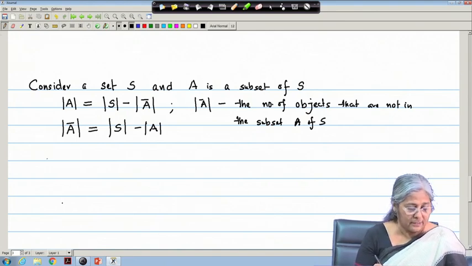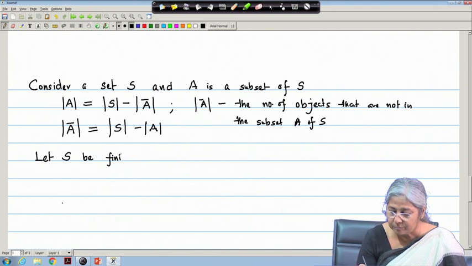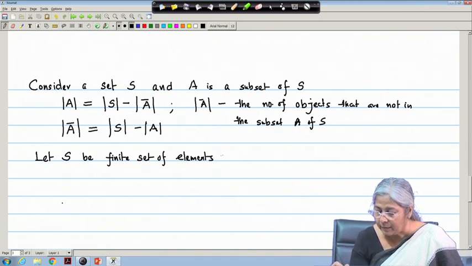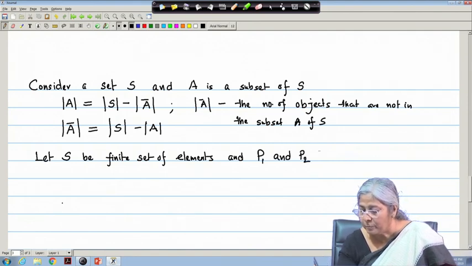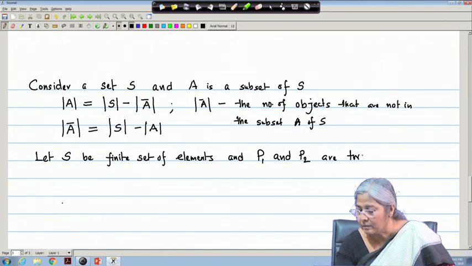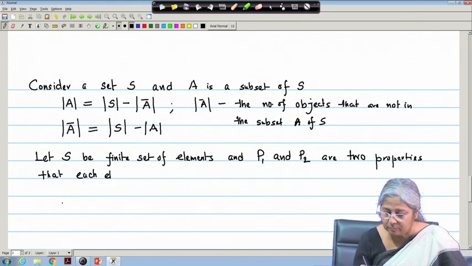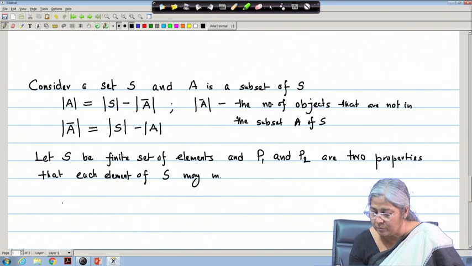So, let S be a finite set, and P1, P2 are two properties that each element of S may or may not possess.